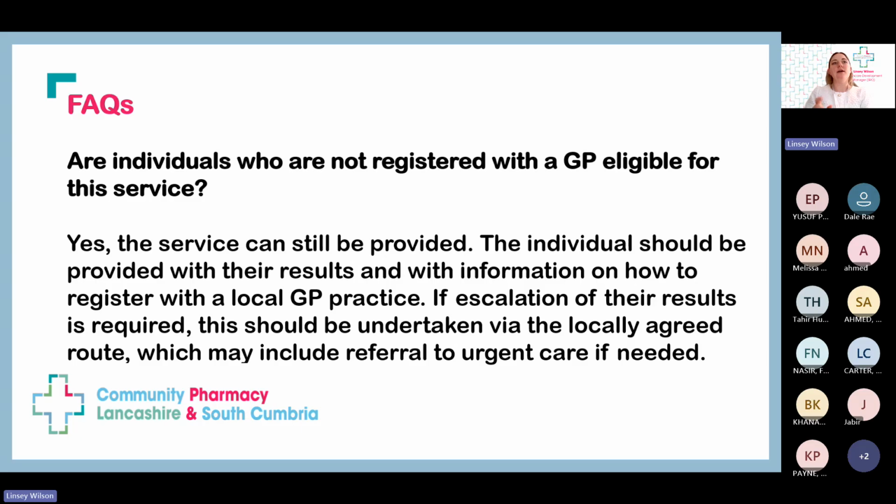Then we wrote down their clinic blood pressure results and advised them to go to the GP with those and get themselves registered. But in the case where they were severely hypertensive or needed an urgent referral, because they've not got a GP, we'd be directing them straight to urgent care. It was really nice to see that full wraparound care for that patient: we can still do the service, this is what you need to do to get a GP, and they were really supportive for that patient.